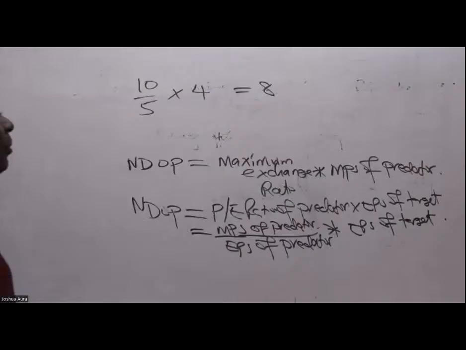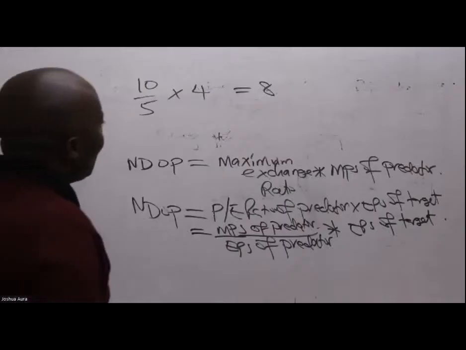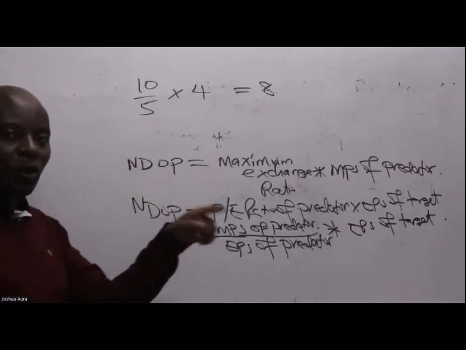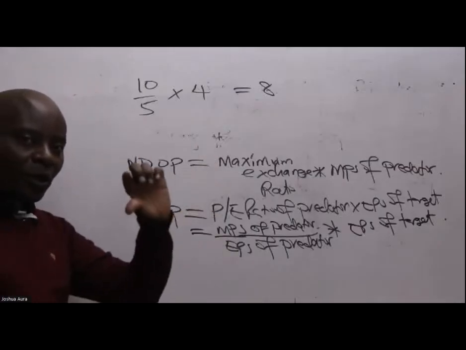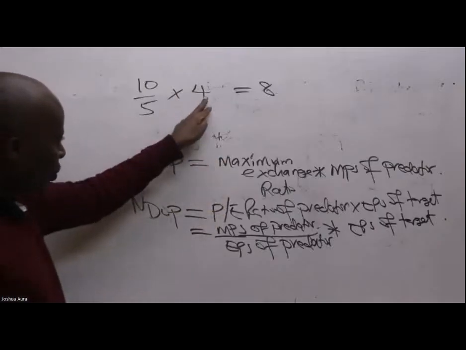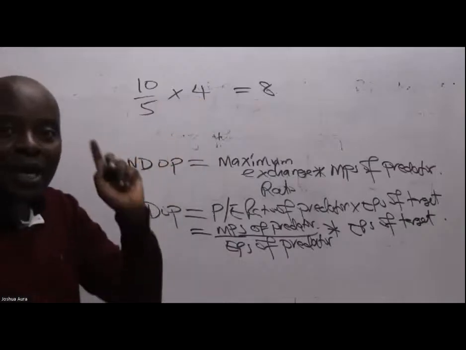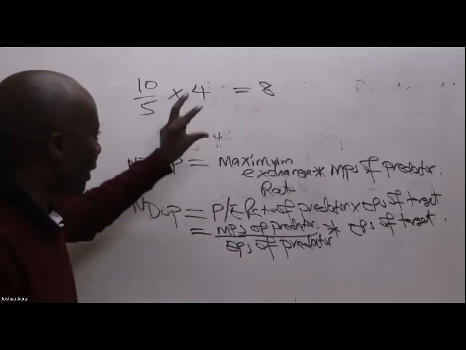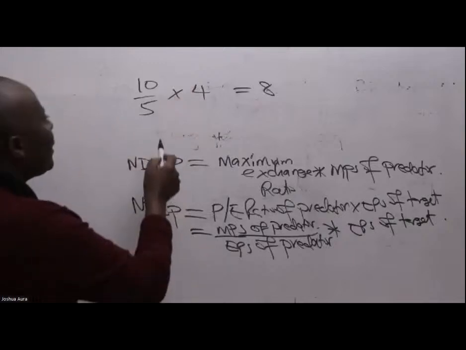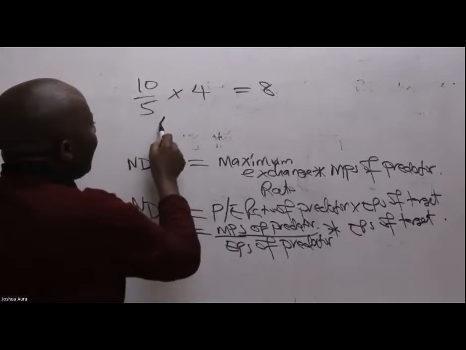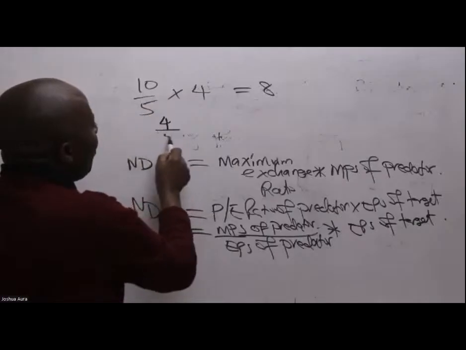And then, ladies and gentlemen, please listen to me very well. It's called the commutative law, where you can easily switch numbers. Whenever there is a multiplication, you can switch this and this without breaking anybody's bone. So I can say, I'm changing this, it will be 4 over 5 times 10.